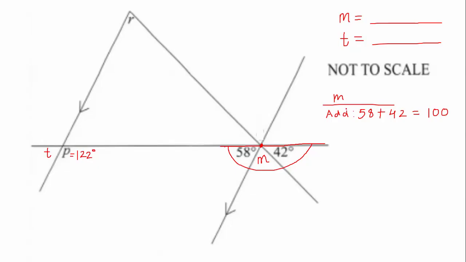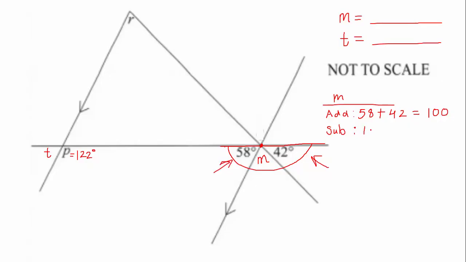Renee, are we done? We have to subtract, remember? Because the 100 is just the sum of 42 and 58. That's not telling me what M is. That's just telling me that these two add up to 100. So in order for me to get M, I must subtract.